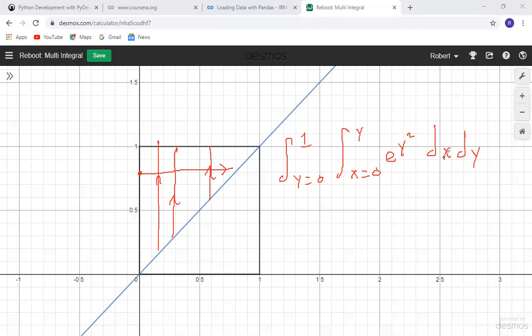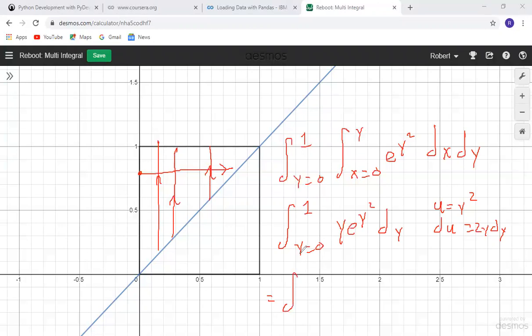Now, as far as x is concerned, y is a constant. So the value of the inner integral is just y e to the y squared. And now this is a u substitution problem. So we can say u is equal to y squared, and du is equal to 2y dy.